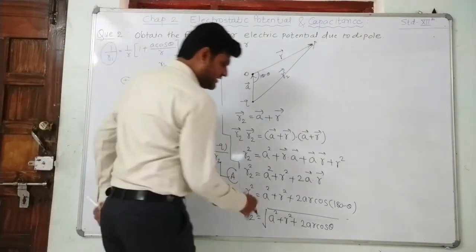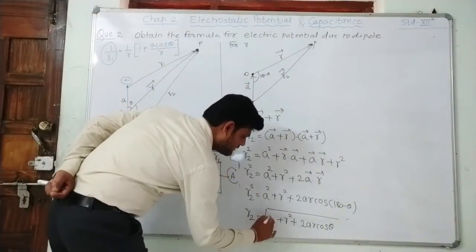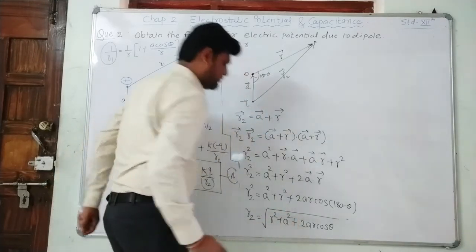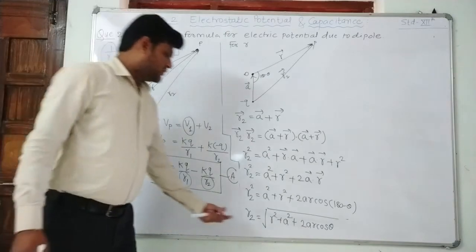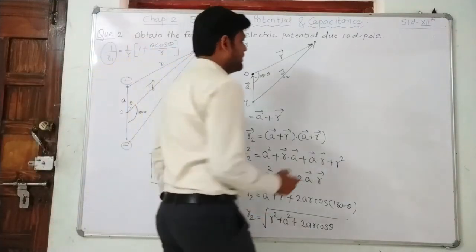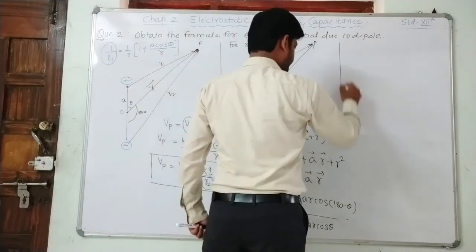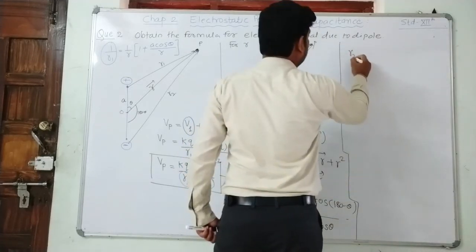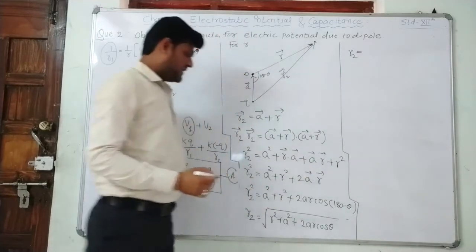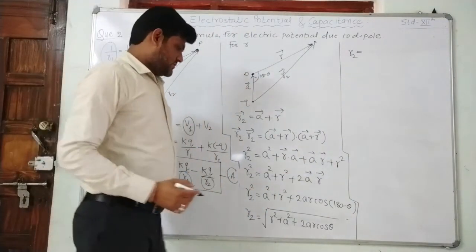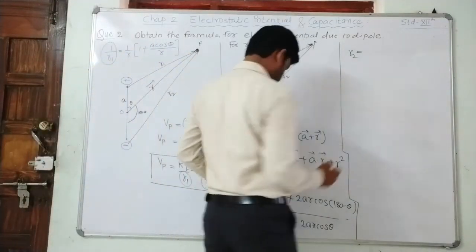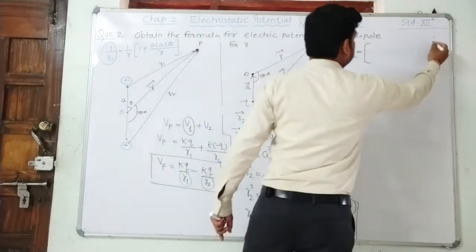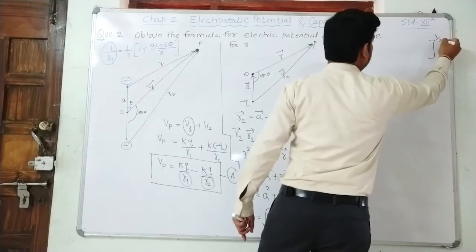Now r square taking outside, we can rearrange the equation. r square plus a square, we can write like this. So r2 equal to, taking r square common inside the bracket, the square root raised to half.